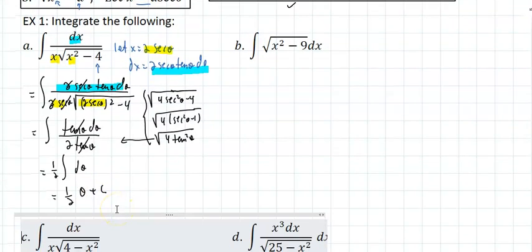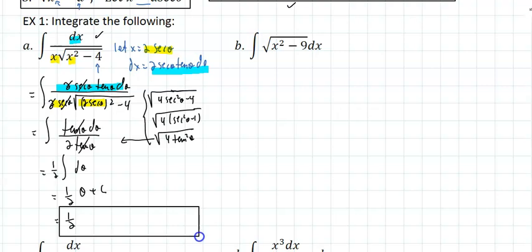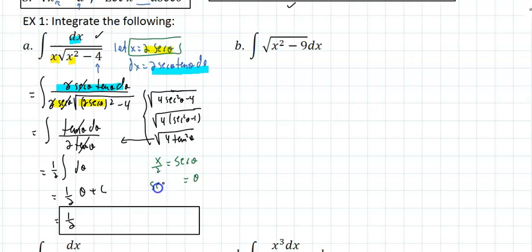But as you know, we did not start the problem with a theta. We started the problem with an x. So this is something you have to do on every problem in this section. You have to go back to the original setting and say, well, x over 2 equals secant of theta, so theta equals the arcsecant of x over 2.